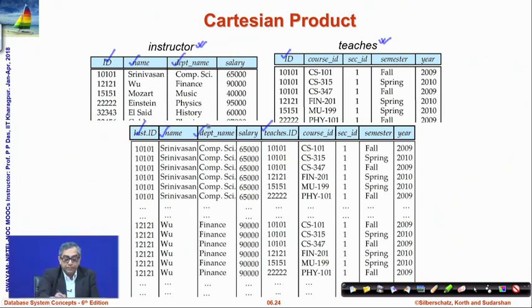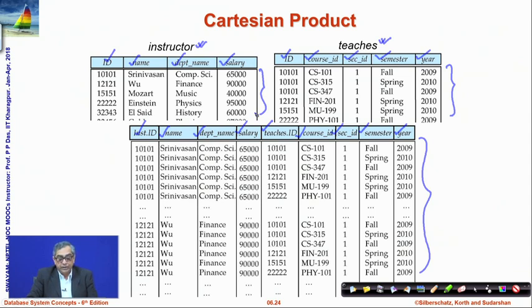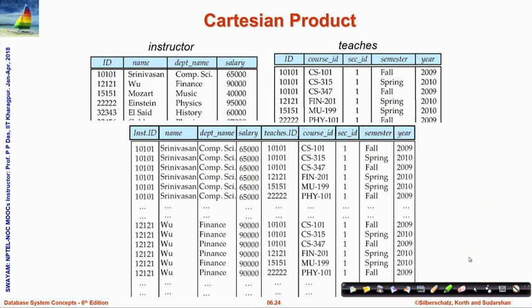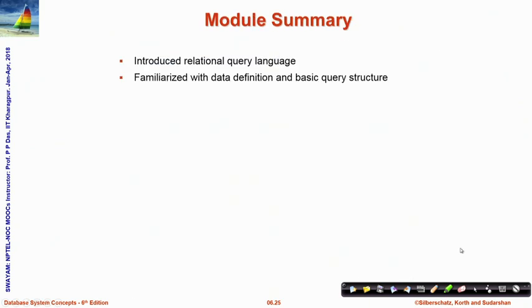The department name comes in directly, salary comes in directly, course ID comes in, section ID comes in, semester comes in, year comes in, and so on. And the combination of all tuples in the instructor relation against all tuples of the teaches relation, all possible combinations have come in this result, which eventually is the Cartesian product of the relational algebra. So, this is what we have.